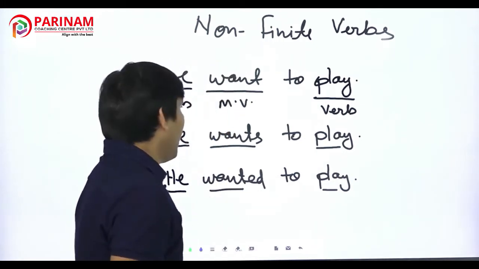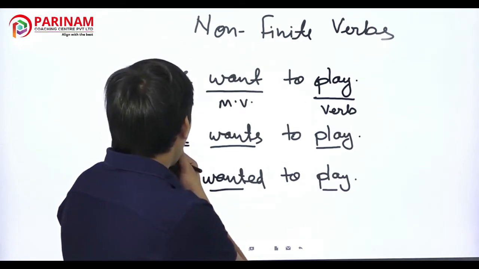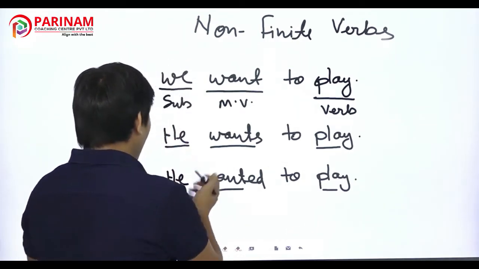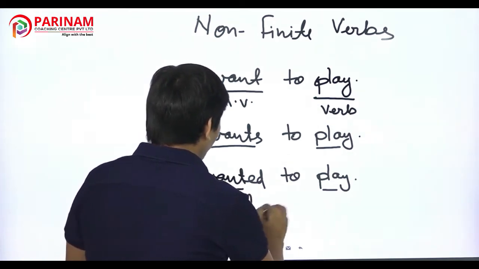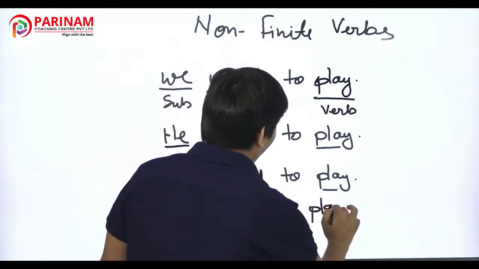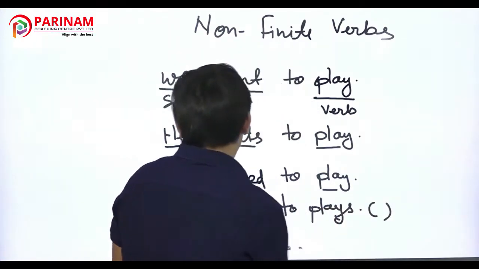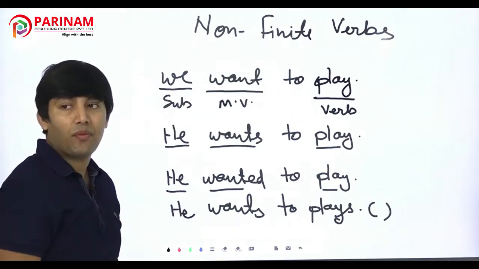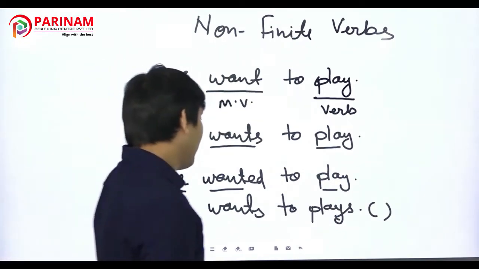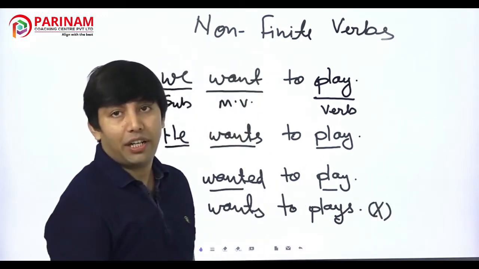Now you can see, if I write, he wants to plays. Now tell me, is this sentence correct? He wants to plays? Your answer will be in the negative. This is not a correct sentence.